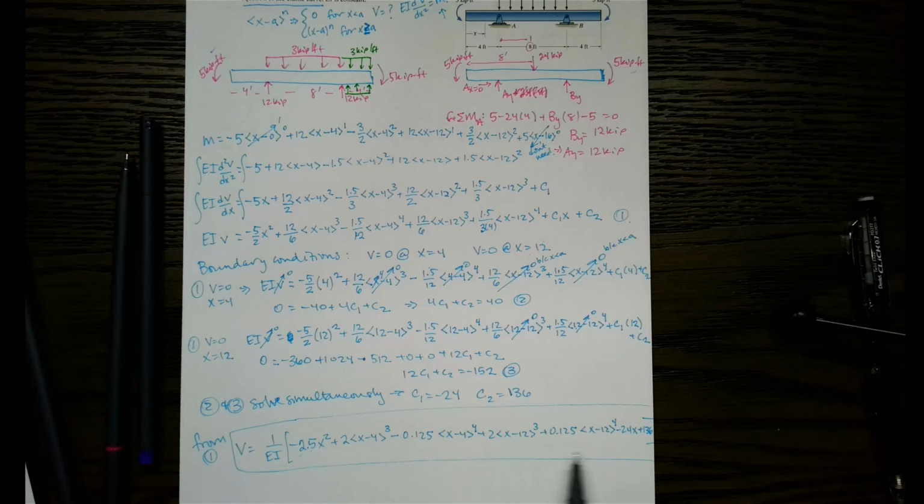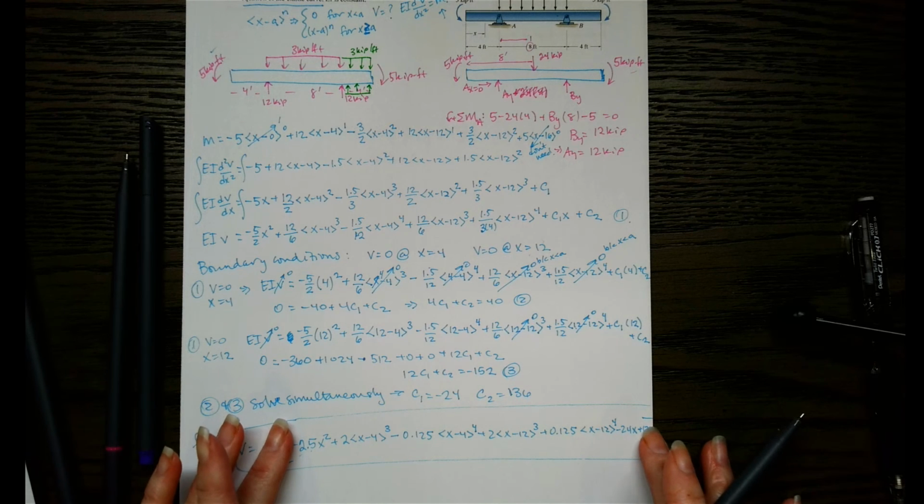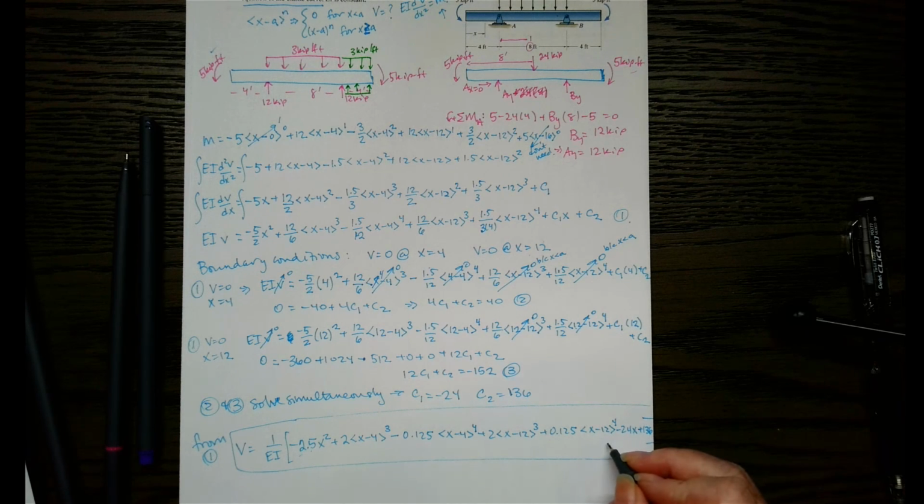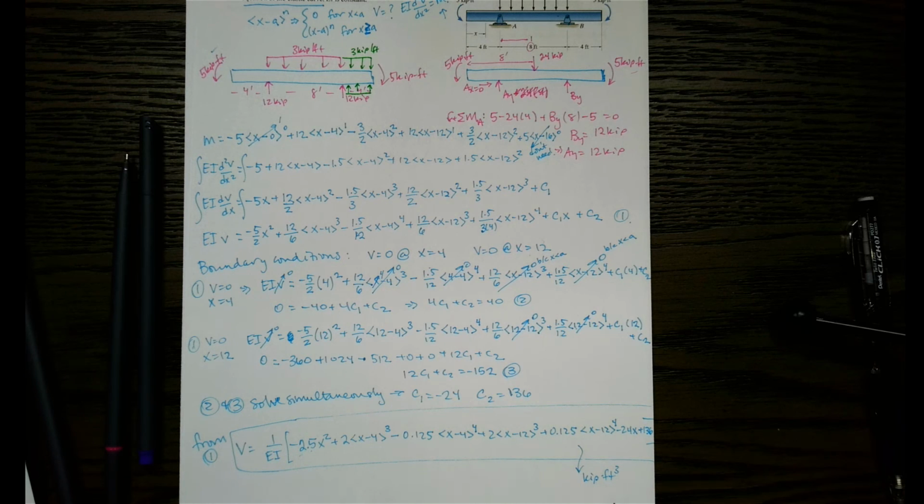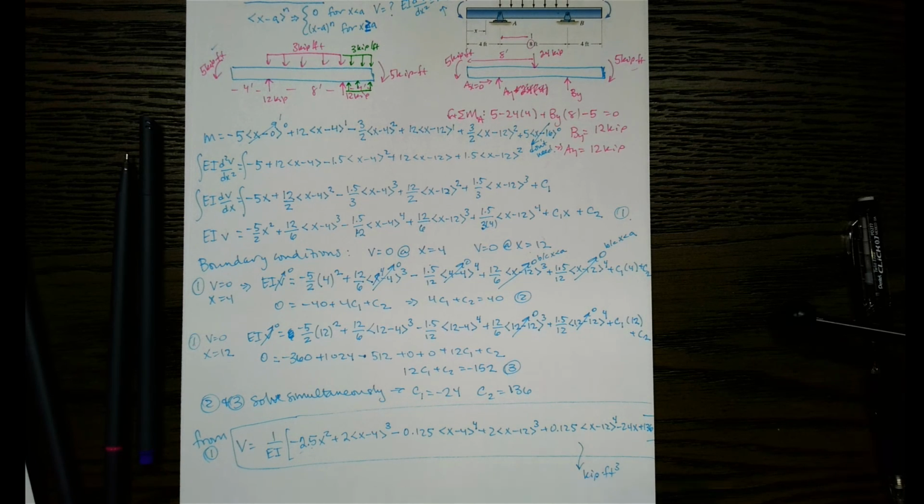And just so you know, the term inside the bracket, the units for that would be kip feet cubed. All right. So that's the units for what's inside the bracket.